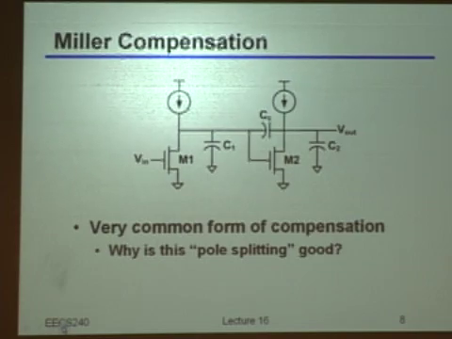As you see here in these two stages, what I've done is place one capacitor, the compensation capacitor CC, between the input and the output of the second stage, in feedback. That's a negative feedback as well in the open loop amplifier, right?